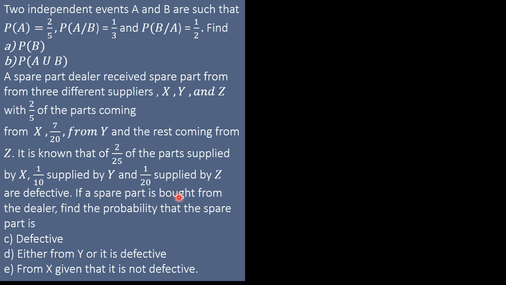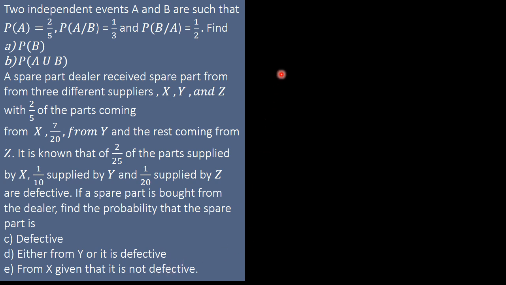If a spare part is bought from the dealer, we should find the probability that the spare part is C, defective, D, either from Y or defective, then E, from X, given that it is not defective.